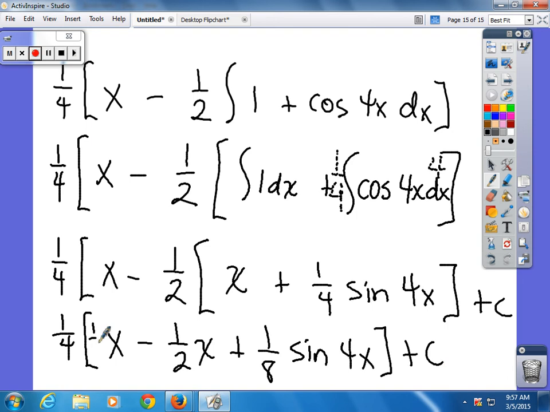That's going to be 1/4 x, 1/8 x, and 1/32 sine of 4x. And that'll take care of the brackets.